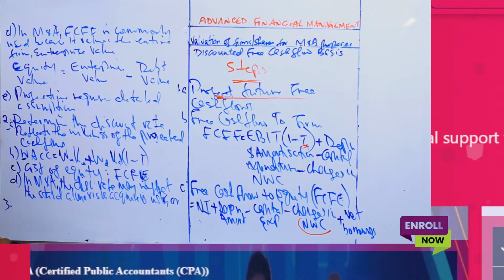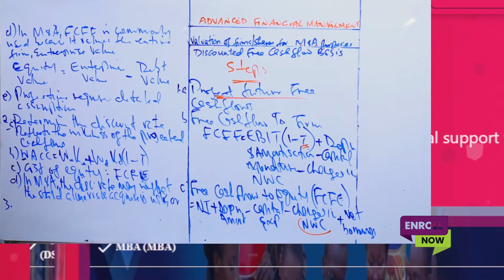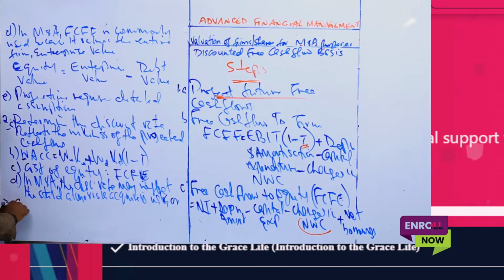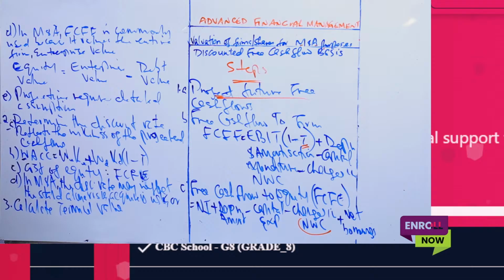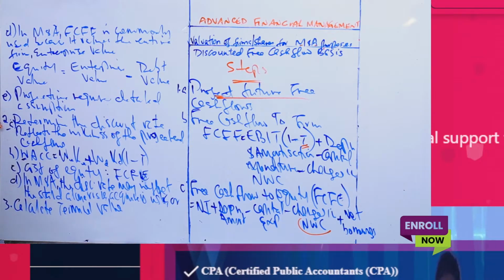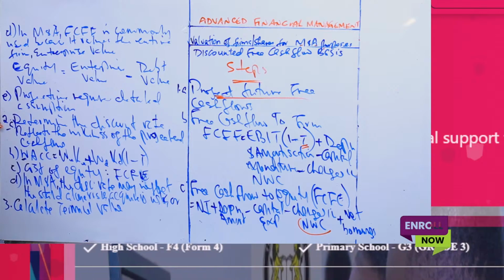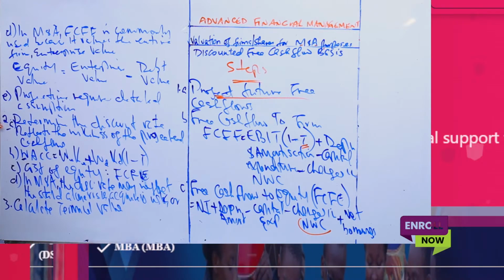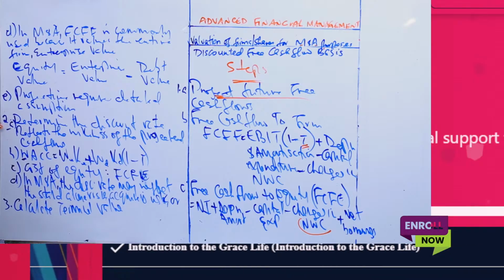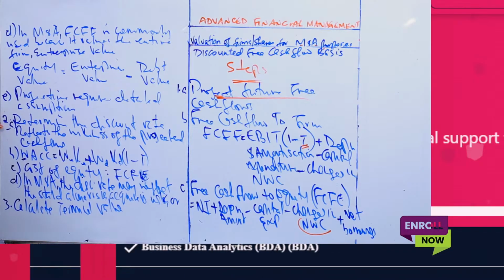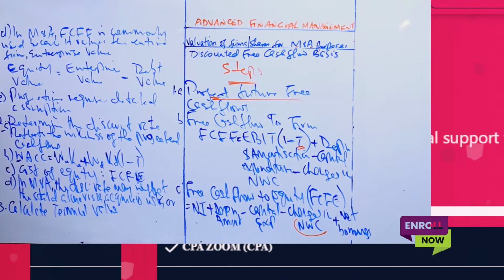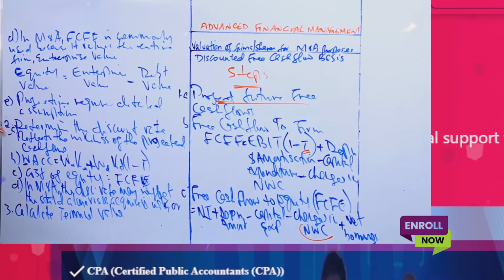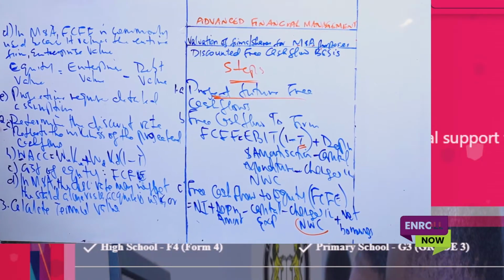The third step is to calculate terminal value. I don't need to explain much about terminal value because you've covered this in your previous financial management lessons at the lower level. Since it's impossible to project cash flows indefinitely, sometimes a terminal value is calculated to represent the value of all cash flows beyond the explicit forecast period.